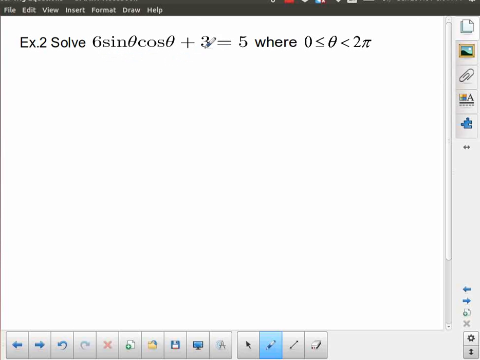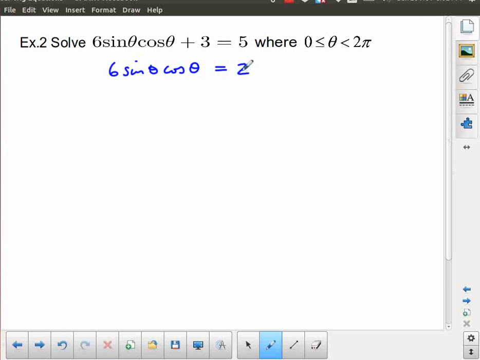And really there is not a lot of algebra that I can do here. Let's start with the algebra that seems quite obvious. 6 sine theta cos theta equals, and I'm going to subtract 3 from both sides, so I get that equal to 2. But unfortunately, there's nowhere else I can go with this.